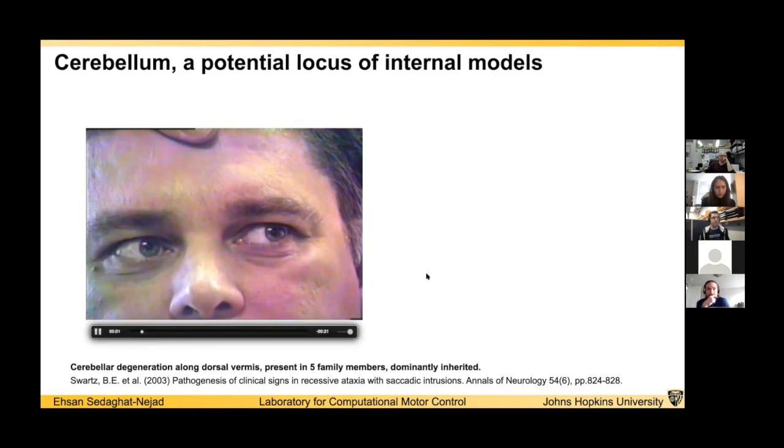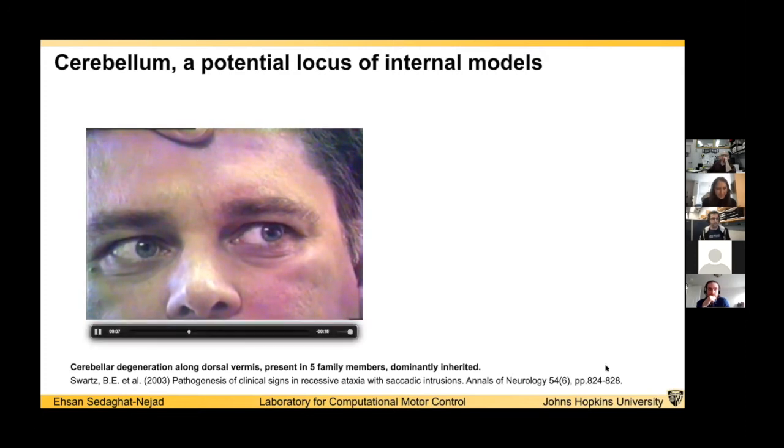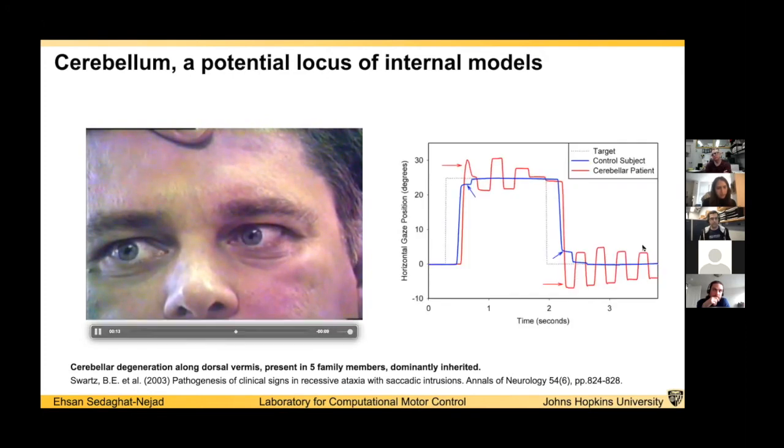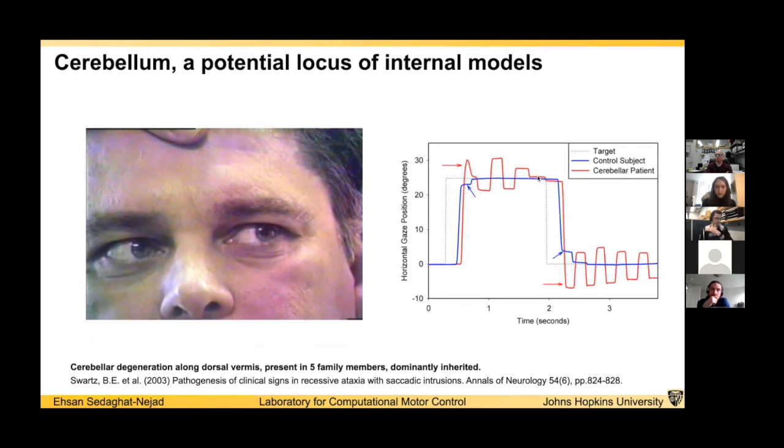So this is a patient study. This patient has a cerebellar degeneration, meaning the Purkinje cells in the cerebellum have died. Can you see what is wrong with his eye movements? Whenever he makes the far left saccades, the eye starts fluctuating. And whenever he makes the right saccades, the eye also fluctuates, but it's able to kind of converge.